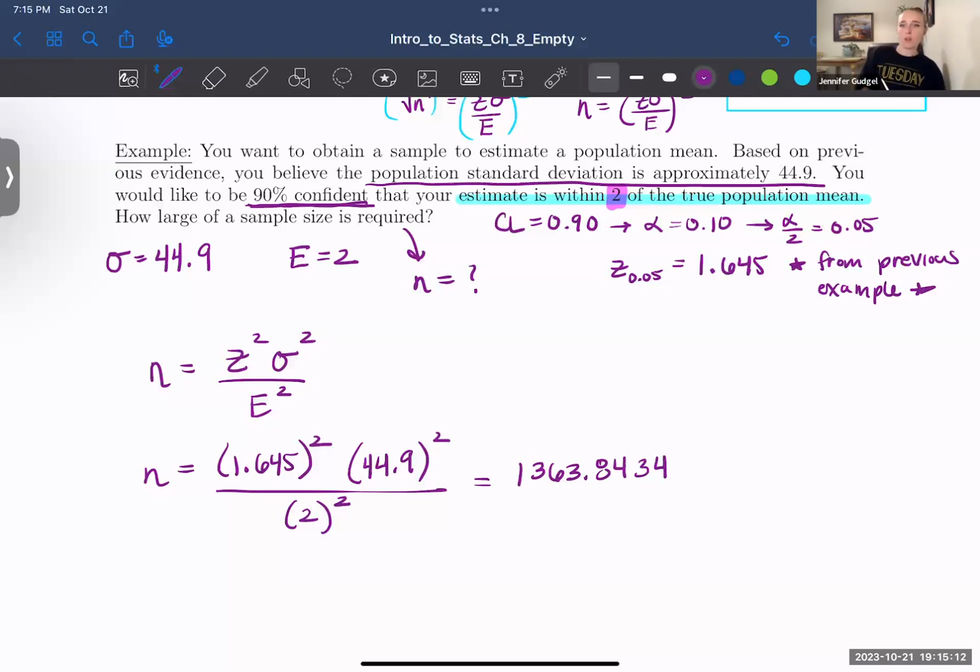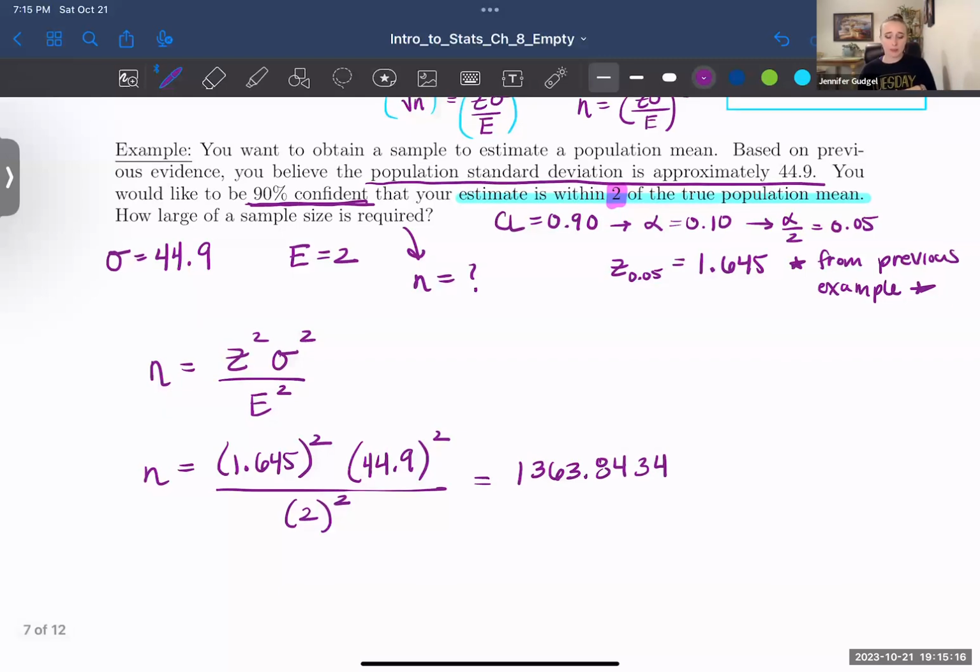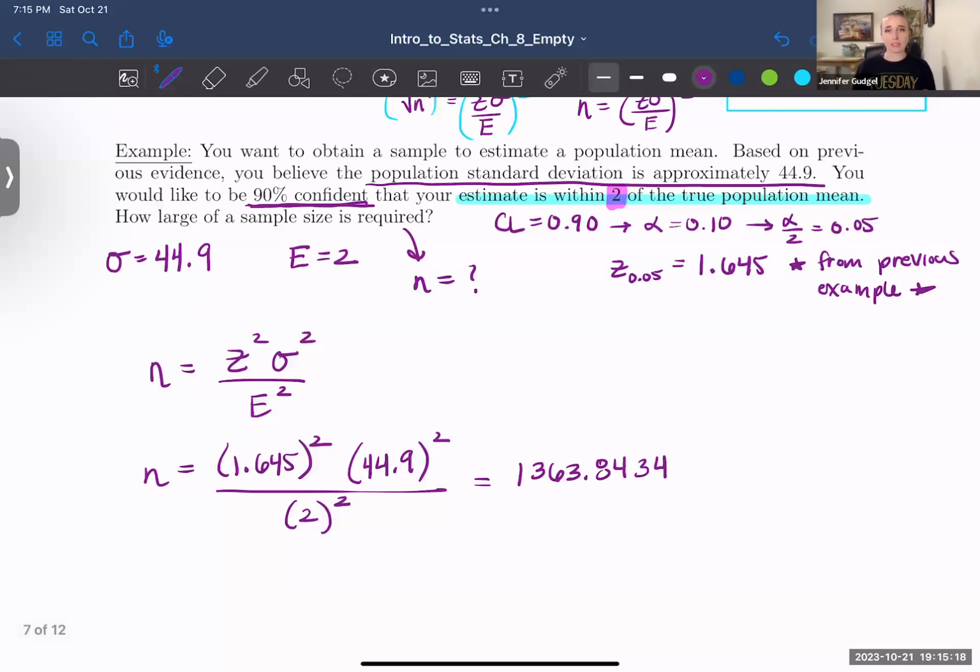Now this one would have rounded up anyways, but let's take a moment, and this is how it's going to need to be inputted on your online homework as well. This is the minimum amount of data we can collect to make sure that we have this error bound of 2. 1,363.8434.